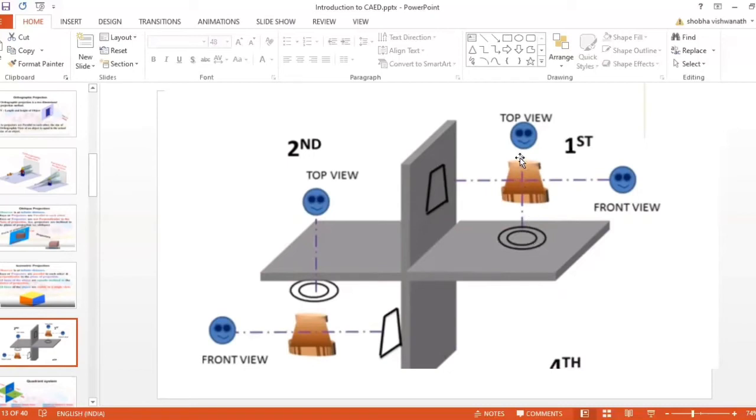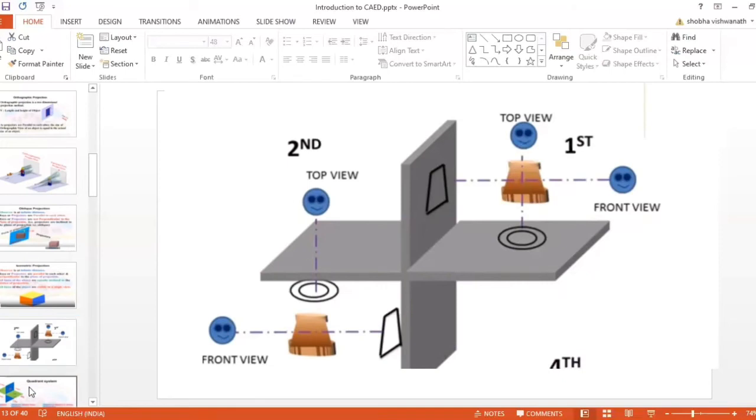The object is in between the observer and the horizontal plane. That is what you call the first angle projection system. In engineering drawing, most drawings nowadays follow this method. This method you can call the first angle projection system or first quadrant system.